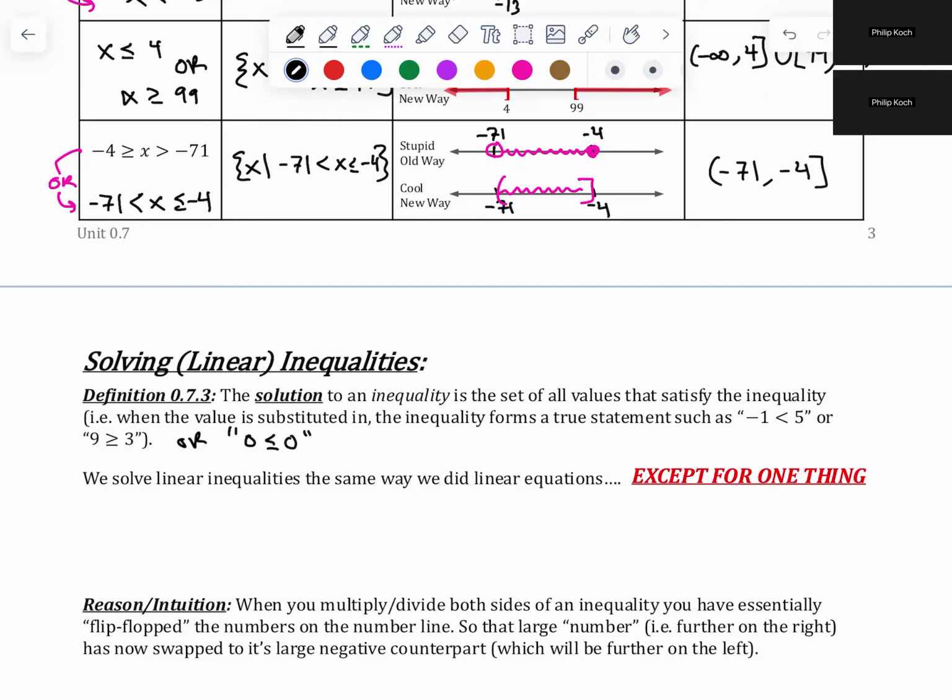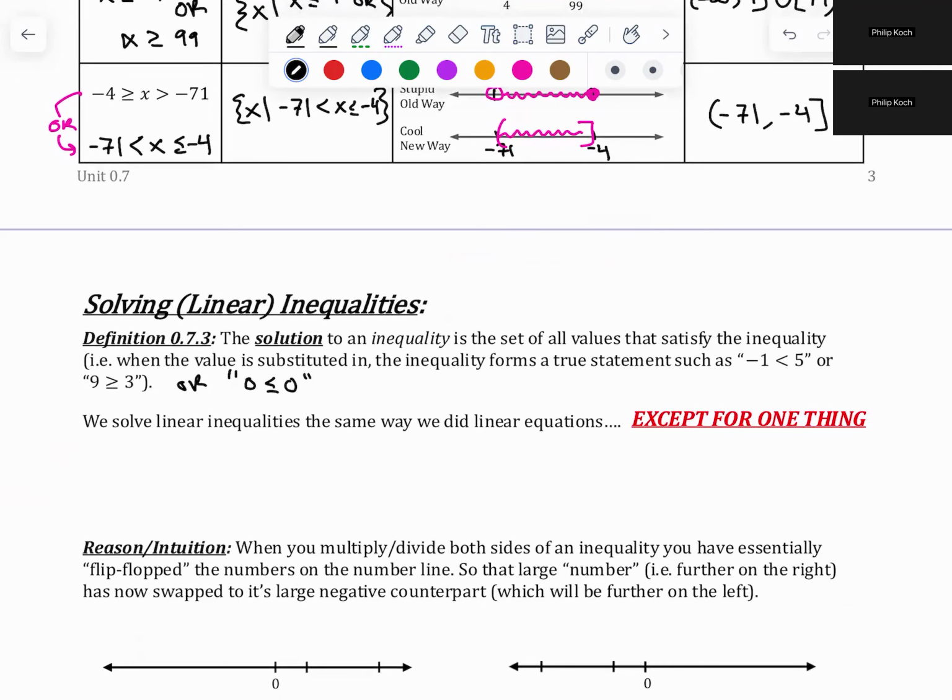And the way we solve linear inequalities is just like linear equations, where we get all the numbers to one side and the x's to the other, except for one thing. Does anyone know what it is? It has to do with negative numbers.